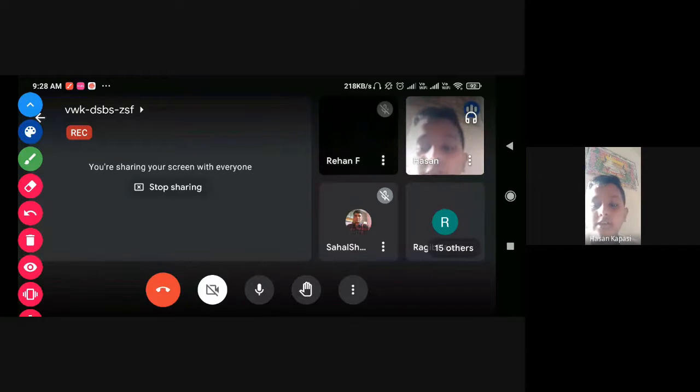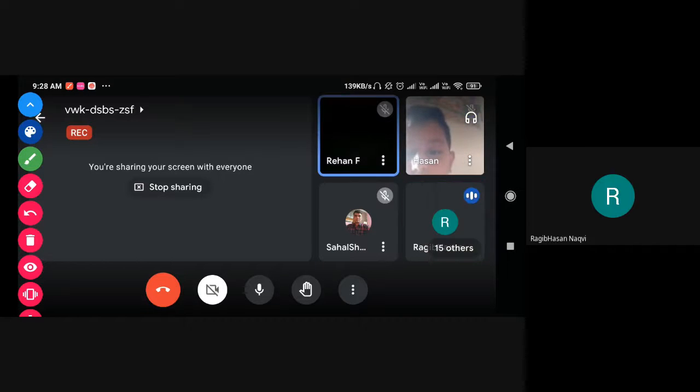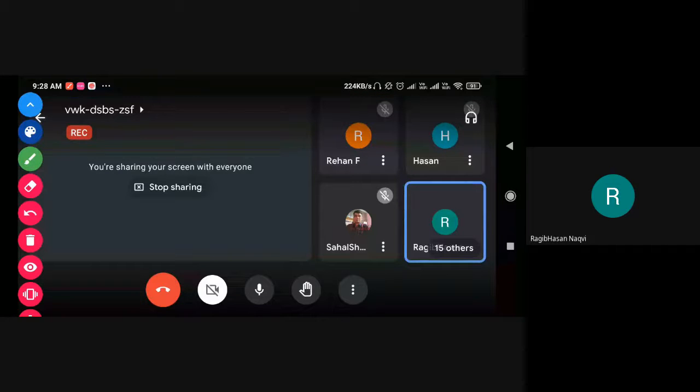Cotton, wool, silk, and jute are some natural fibers, while rayon, nylon and polyester are some examples of synthetic fibers. Correct. Yes, Ragib Hassan. Okay, ma'am.